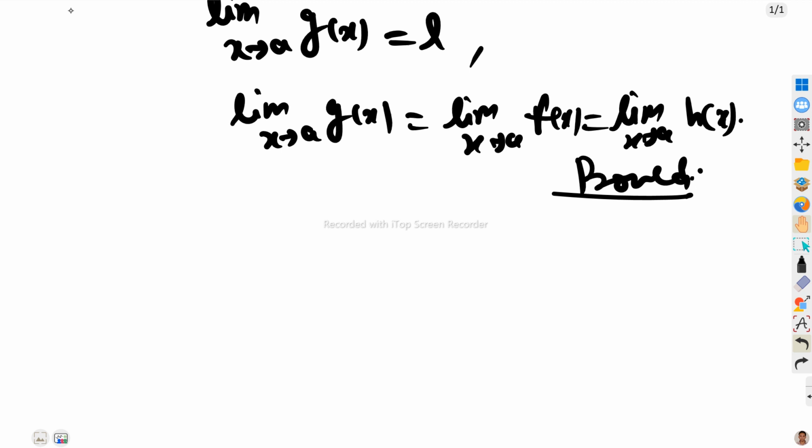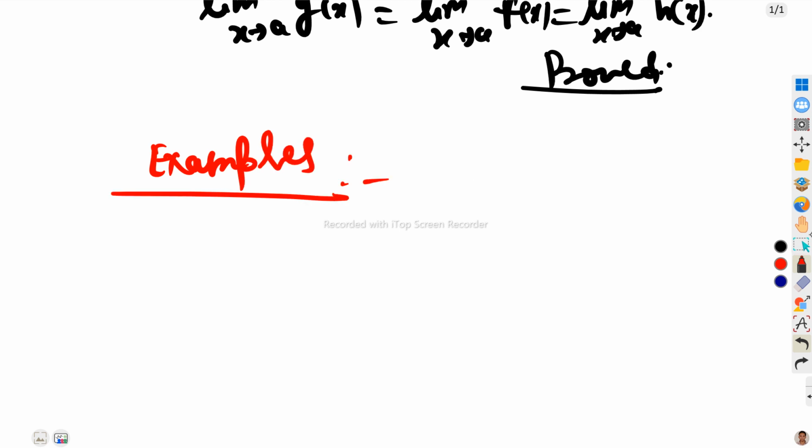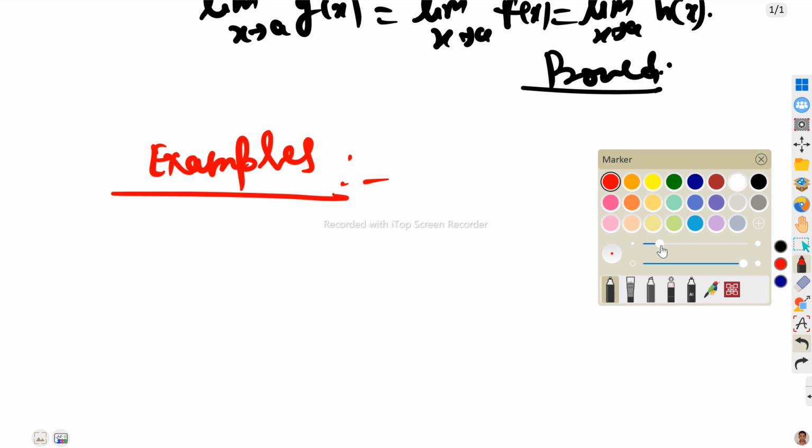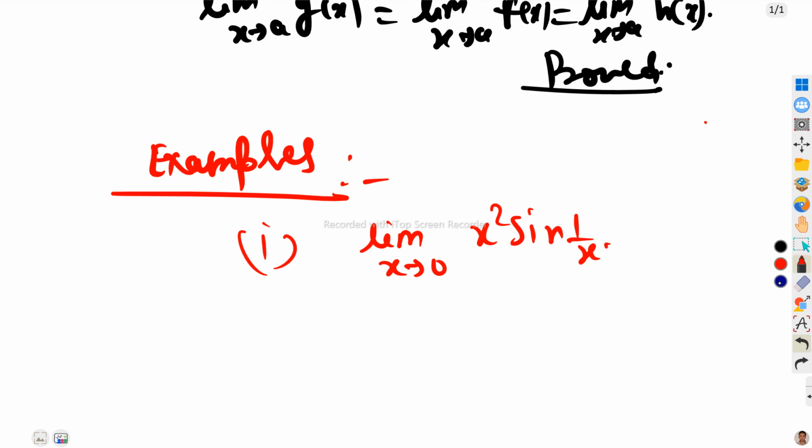Again, we are going to discuss some examples. The first example: the limit as x tends to 0 of x squared sine of 1 upon x. We have to find this limit.